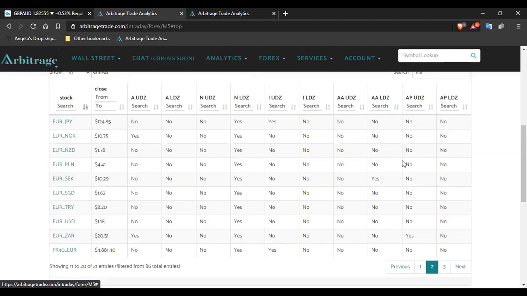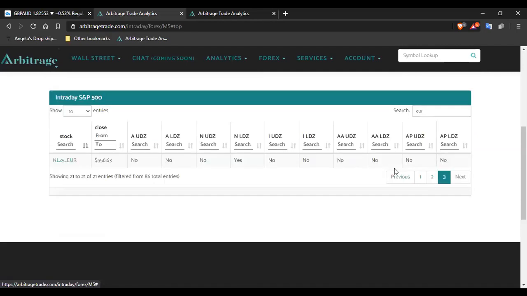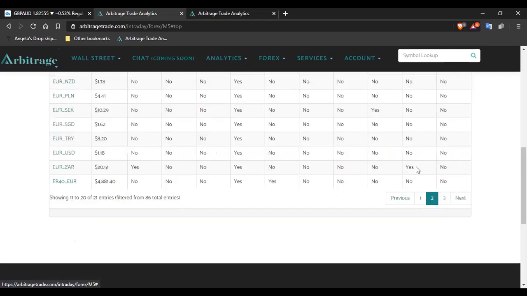EURJPY, no. We have a yes on EURZAR. We already have USDZAR, so I'm just going to leave it with that. Well, why not? Actually, I've never traded it before, but with arbitrage, obviously, I'm not afraid of trading anything. So we have EURZAR, and it's at where again? EURZAR is at the upper danger zone.